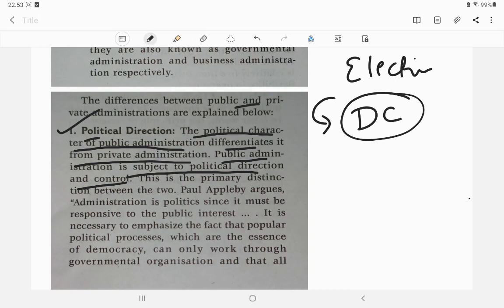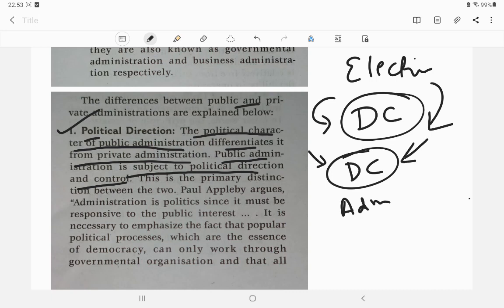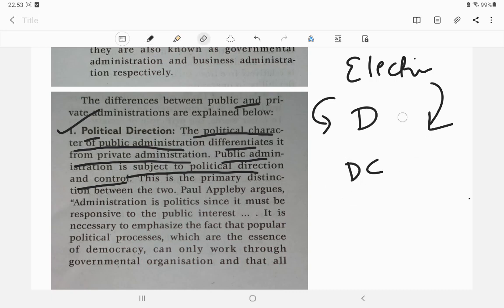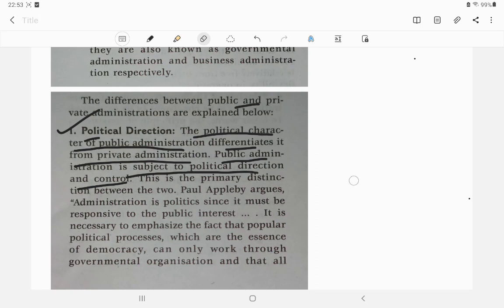So the deputy commissioner is an administrative head, and since the politicians are giving instructions, so he is under the political control. So public administration case they are under the politicians or the political control. However, private administration, they are free to do whatever they want. So you can write like this.